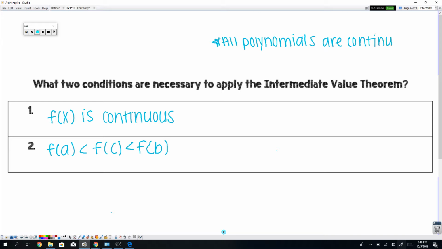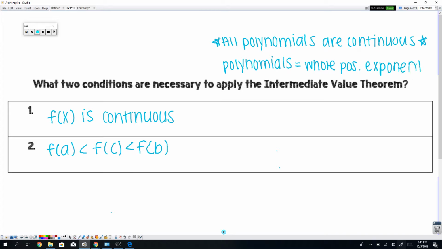Now, we had this discussion as to what polynomials are, so you might want to make sure you're aware that polynomials have whole positive exponents. So you can't have anything to the 1/2 power, you can't have anything to the negative power, nothing like that. Okay? So when you see something that is a polynomial, you can legitimately just state, this is a polynomial, therefore it's continuous.